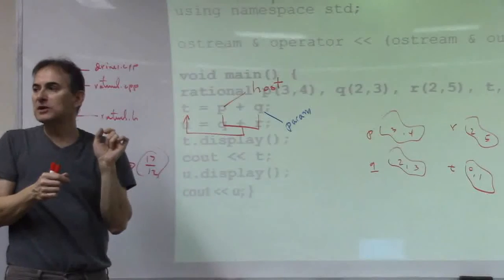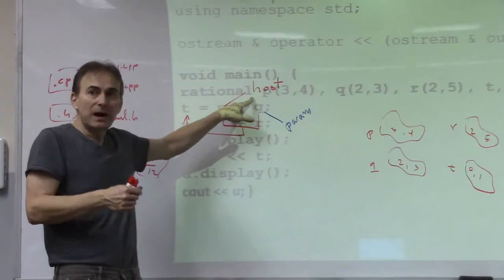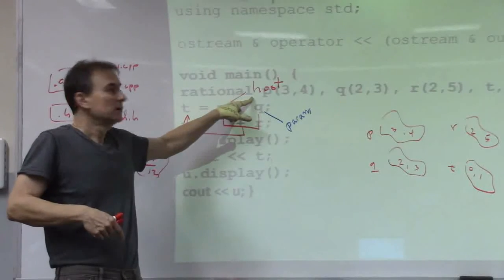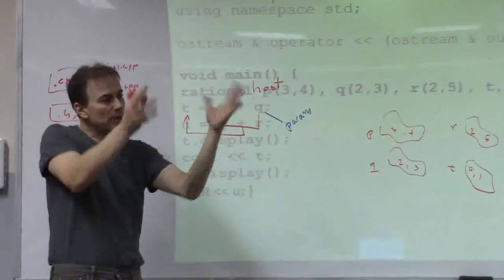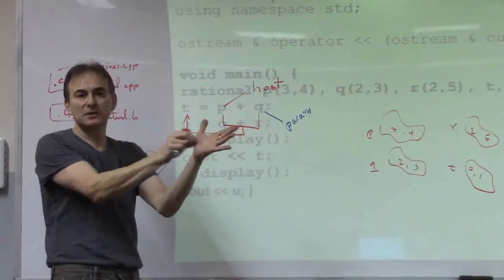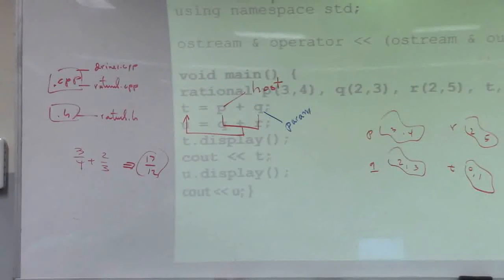So in the method, top, which is a property, is always the top of the host. Bottom is always the bottom of the host. If you want this one's top or bottom, you have to specify the name of that parameter in the parentheses, dot top, dot bottom. So we access the properties of the host implicitly. We just say top, bottom, top equals, bottom equals. Bottom of what? This one.